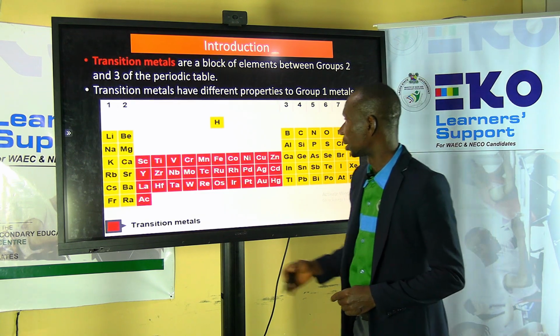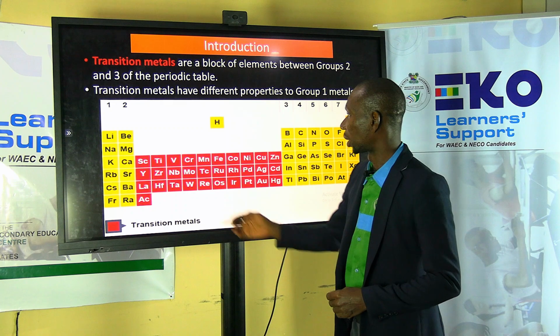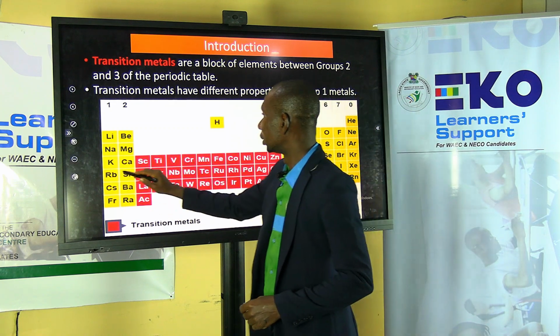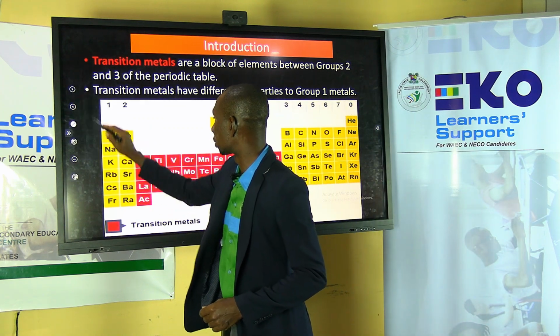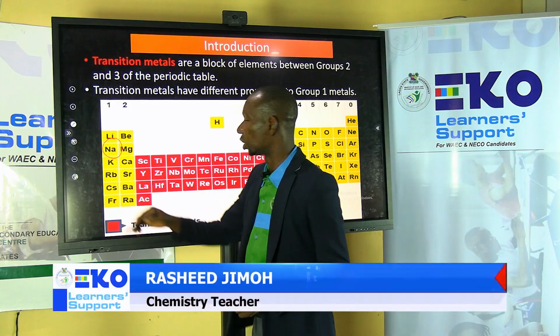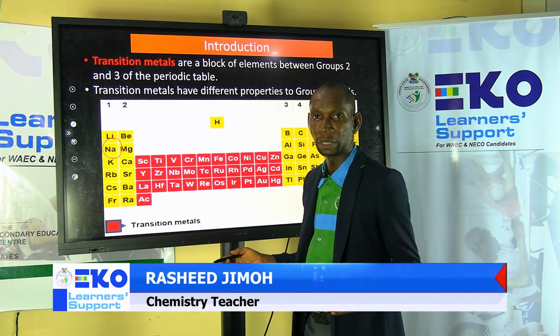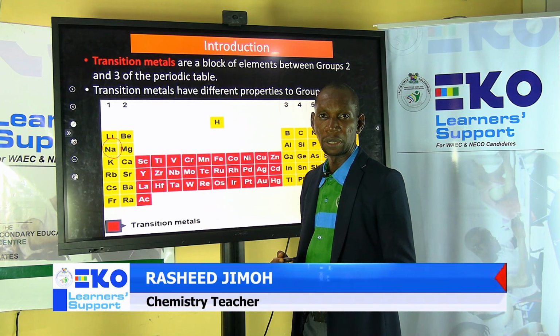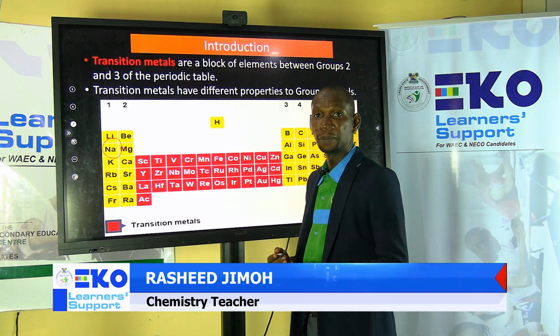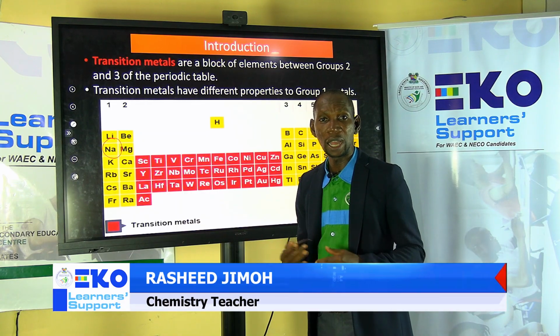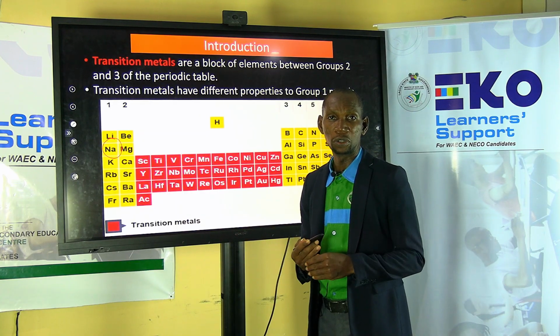If you look at the group 1 metals, for example, sodium, it has a fixed oxidation state. The oxidation state of sodium is +1 in all its compounds. This is not the same for transition metals because they have what we call variable oxidation state.